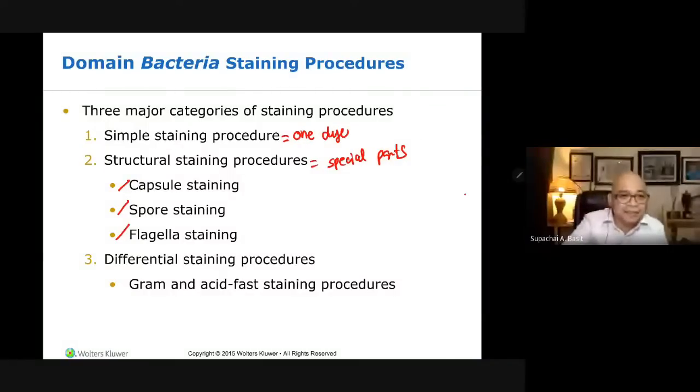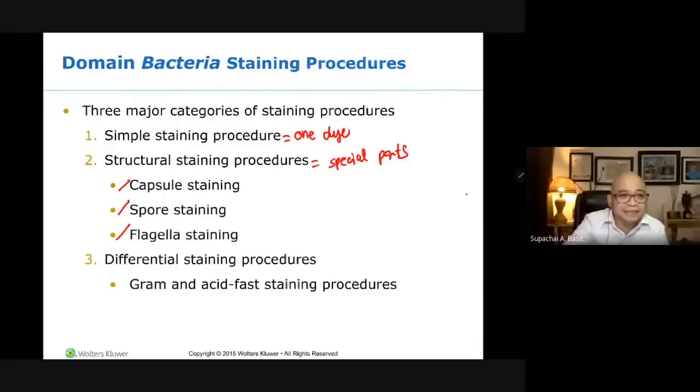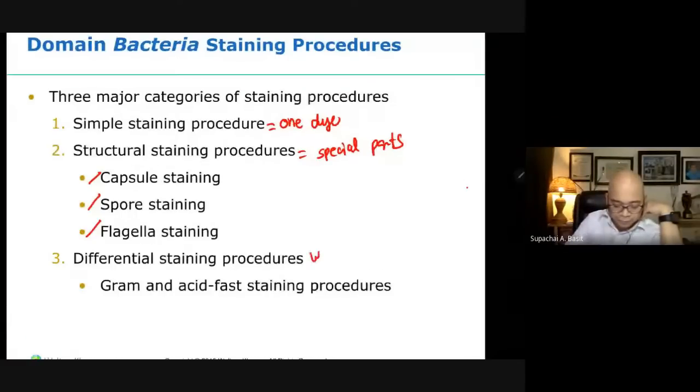Then the structural staining procedure is used for special parts such as the capsule, spore, and the flagella. Now, the differential staining procedure will divide bacteria into two major categories.